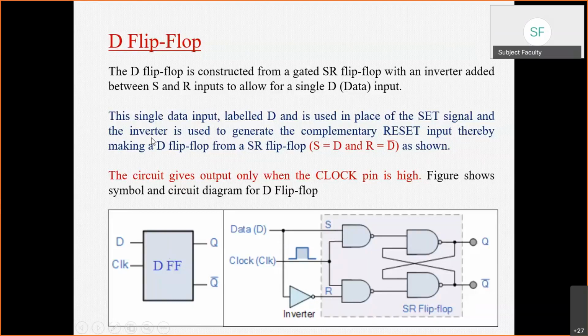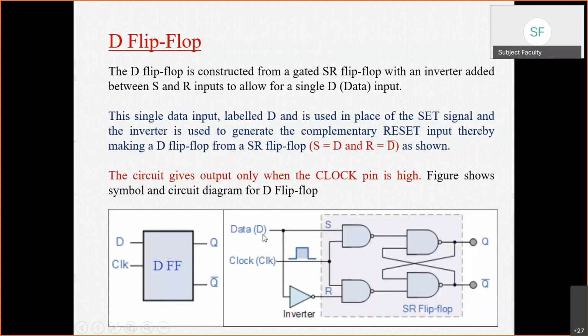You can just read this particular point: this single data input labeled as D is used in place of the set signal. Okay, and the inverter is used to generate the complementary reset input, thereby making the D flip-flop from the SR flip-flop.